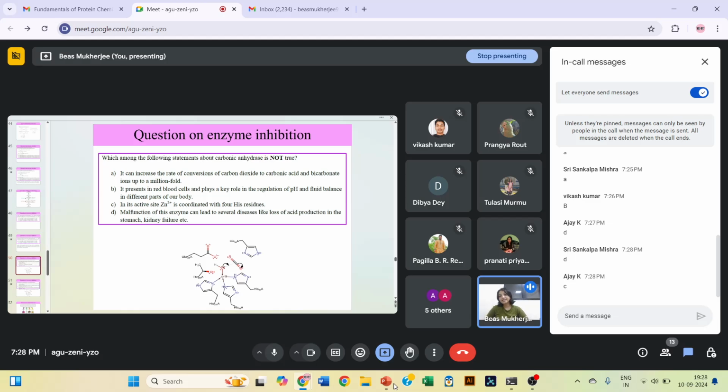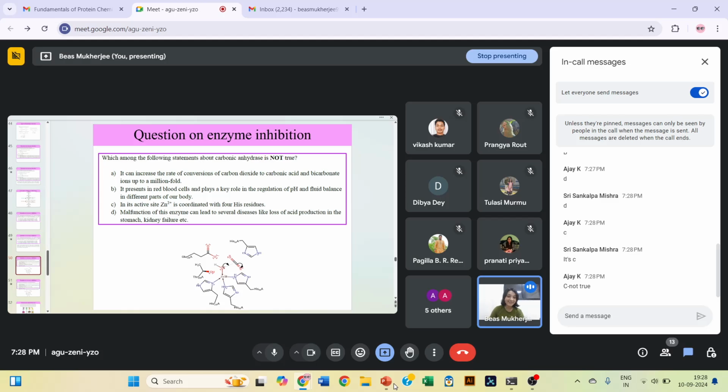Option C is telling you in its active site, zinc is coordinated with 4 histidine residues. Yes, right, it is C. C is not true. Why is C not true? Because we can see that there are 3 histidine residues that are binding with zinc. Another histidine residue is not binding.